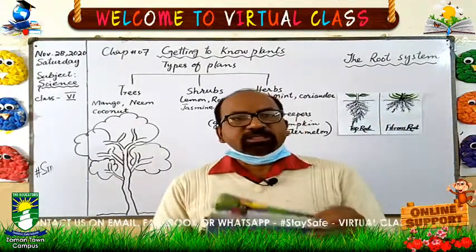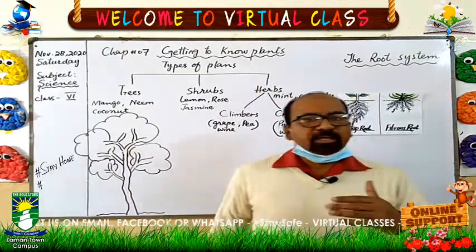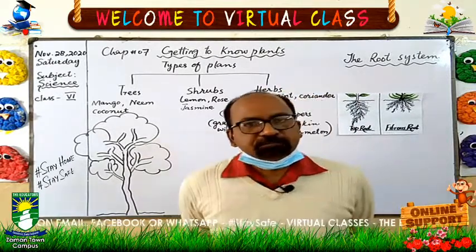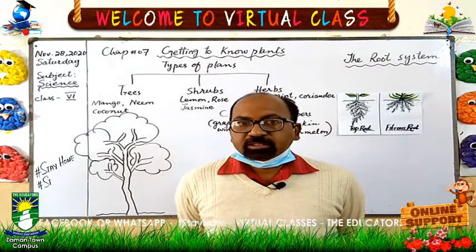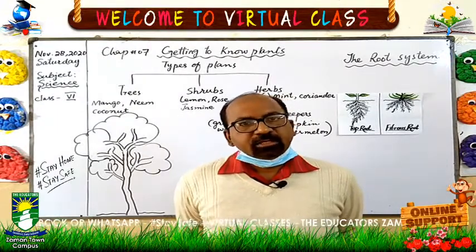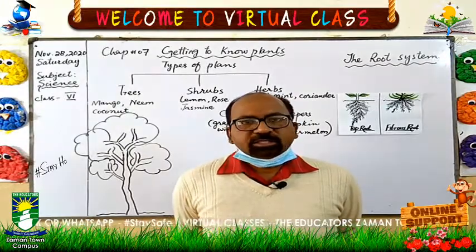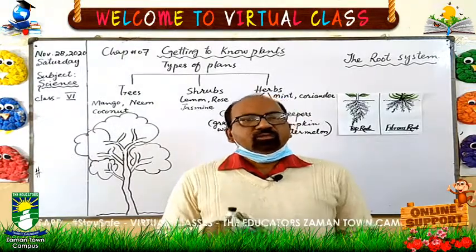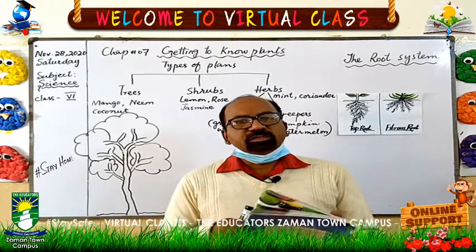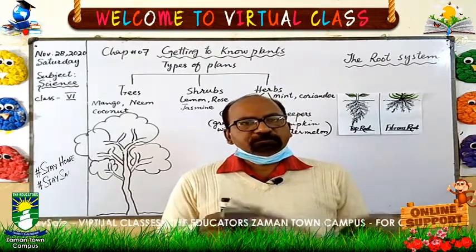As we look around us, we see a lot of things. A lot of people, a lot of animals, a lot of plants, and a lot of microorganisms which we cannot see but they are present around us. Today, we are going to discuss only the plants.